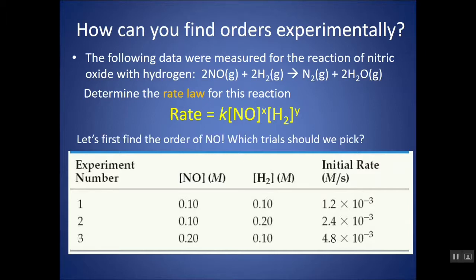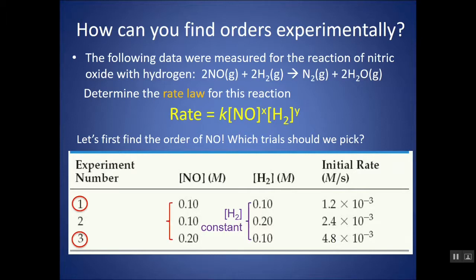Okay, so let's first find the order of NO. Which trials should I pick if I want to see the effect of NO and only NO on the rate? Well, I should pick trials 1 and 3 because NO is doubling, meanwhile H2 is constant. So it'd be best to pick trials where everything else aside from the one I'm observing is held constant in terms of the concentrations of reactants.